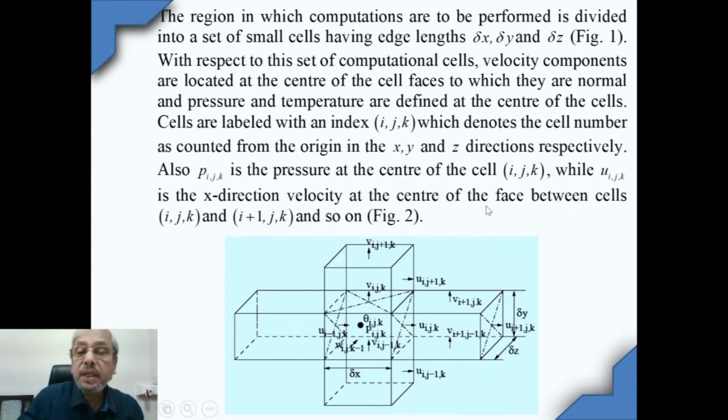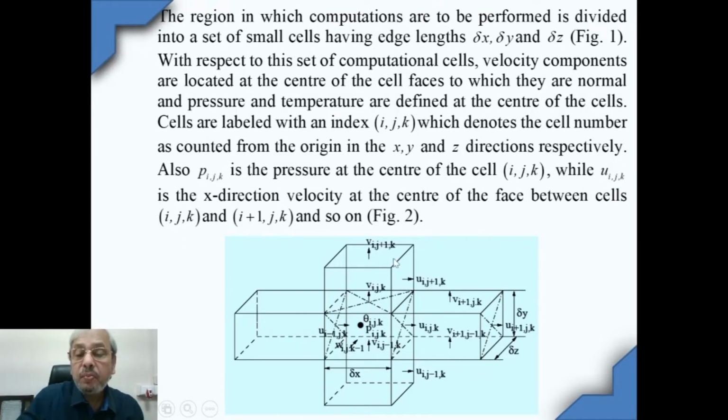And what we have said here is that Uijk is the X direction velocity at the center of the cell face between the cells IJK and I plus 1 JK. So this is the IJK cell, this is the I plus 1 JK cell. Between these two cells, this is a cell wall, and at the center Uijk has been defined. Similarly, look at this cell IJK, and this is the IJ plus 1 K cell.